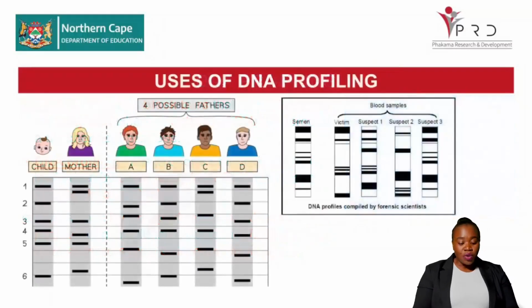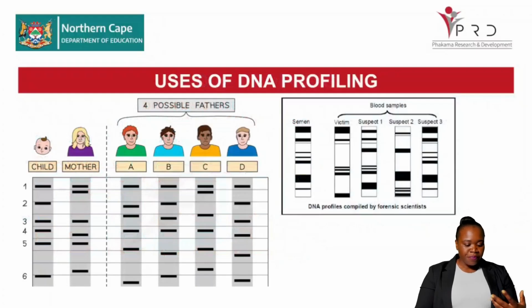And this is what we use to identify different individuals. Now, we can use this to identify parents, we can use this to identify relatives, we can use this to identify offenders in a crime scene, right? So we are then going to be looking at that.